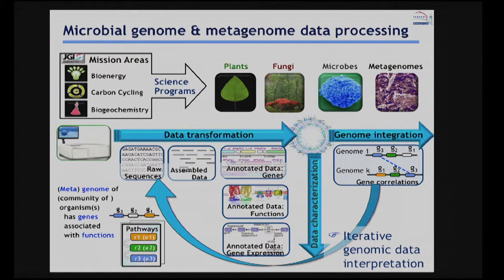What makes this very difficult is that this process of data interpretation, the data transformation, integration, and characterization, is an iterative process. It does not stop. So you go with one data set, go through all these steps of interpretation, integration, you do analysis, figure out that something doesn't look quite right, and you can go all the way back to resequencing.